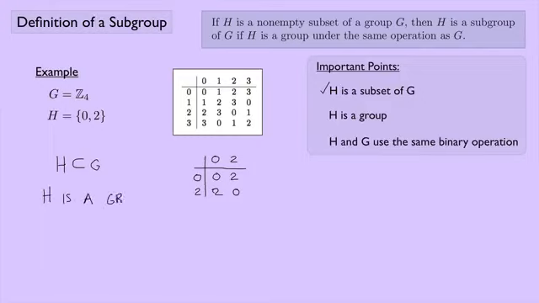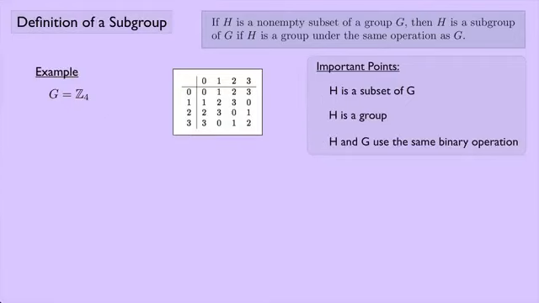So that meets the second important point. Last thing, H and G use the same binary operation. Yeah, they're both using addition mod 4. So in this case, since all 3 conditions are met, I can say that indeed H is a subgroup of G. And if I want to use the new notation we had before, I can say H is a subgroup of G.